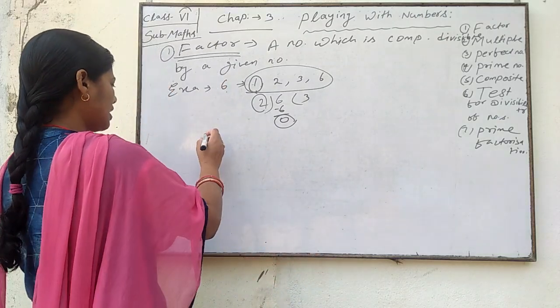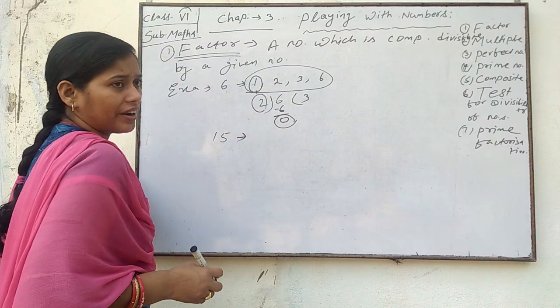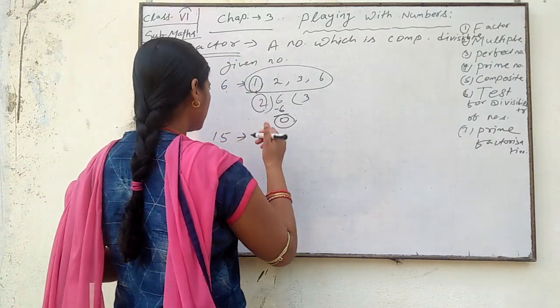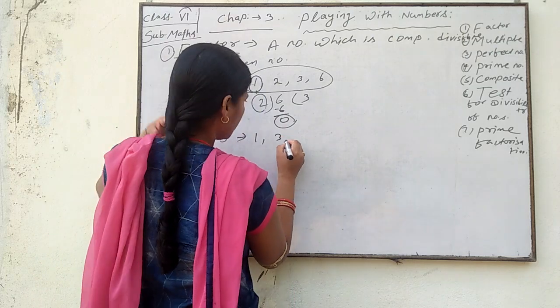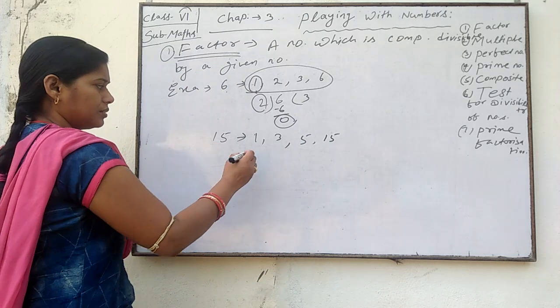Okay, one more example. Factors of 15 are 1, 3, 5 and 15. Factors of a number are limited. 1 is a factor of all numbers.